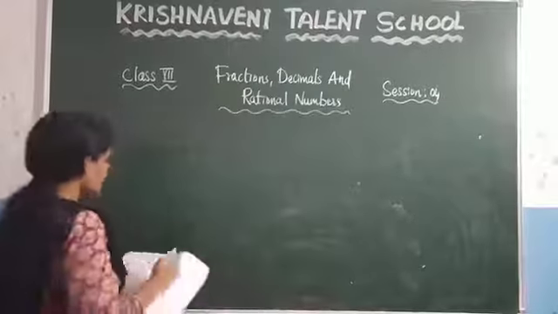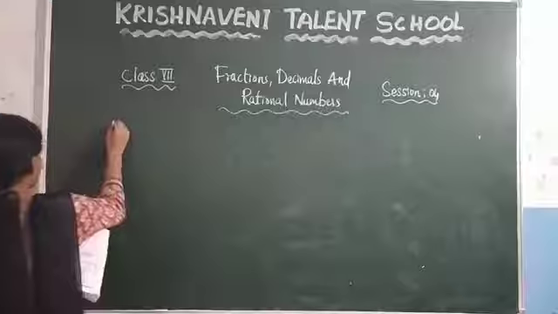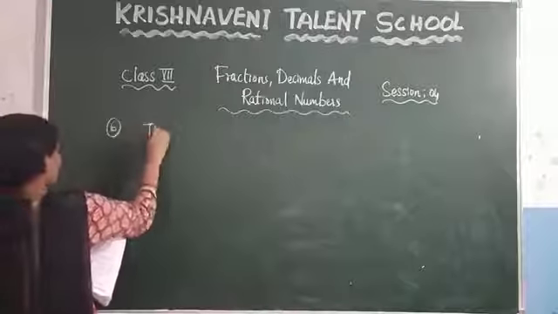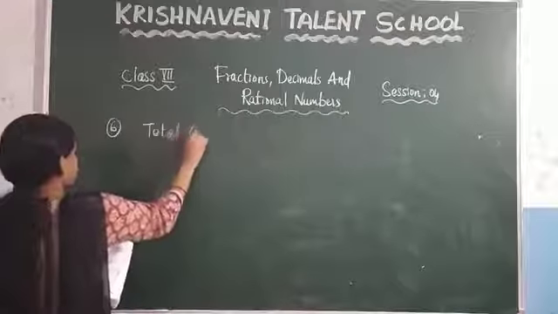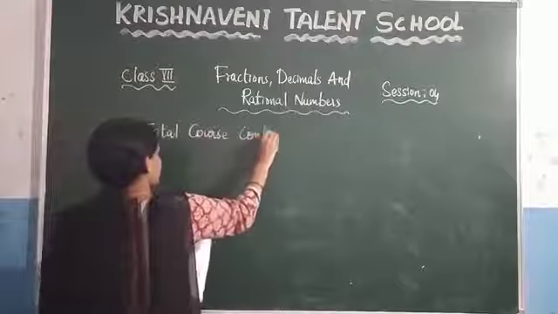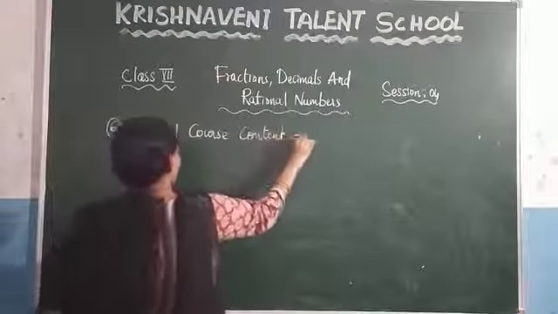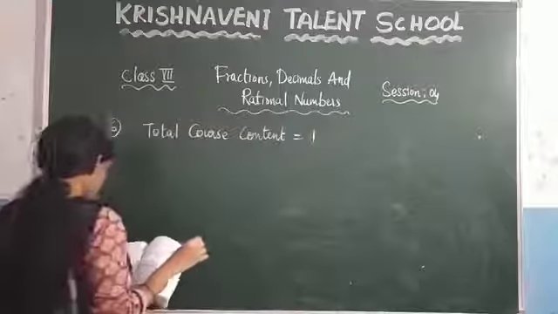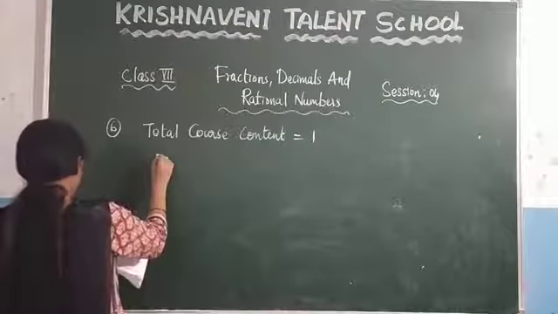Here, let us consider the next question, the 6th question. Total course content is equal to 1, and how much he completed?